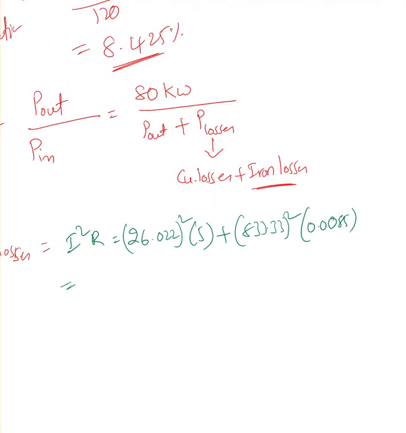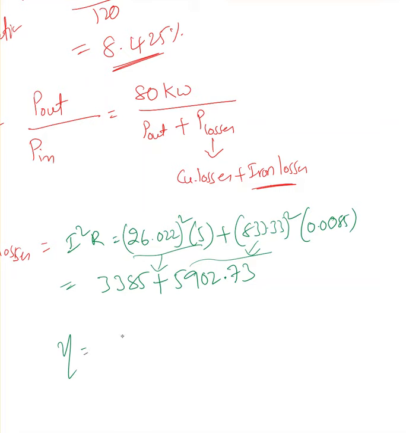So these total losses are 3,385 of iron losses and 5,902 of copper losses. This is the copper loss. Probably I'll consider the other a part of iron loss.